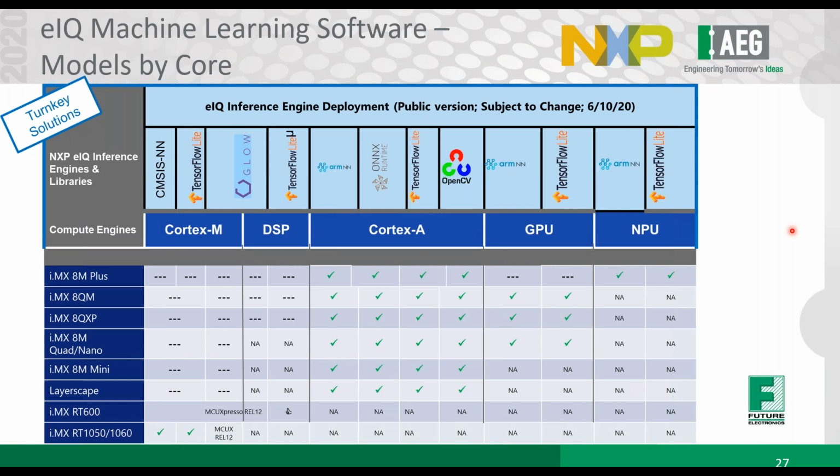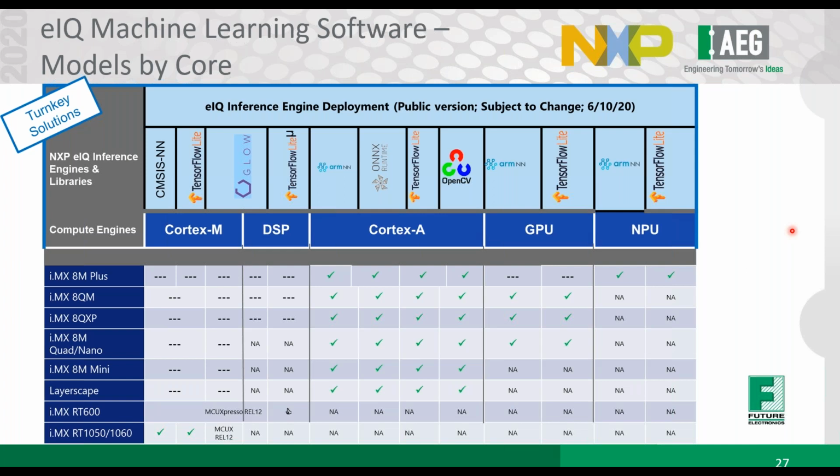This isn't an exhaustive list, but it gives you an example of the most popular frameworks that are out there. So CMSIS from ARM, mostly for the microcontroller family. This is a library of optimized kernels that's designed to run on Cortex-M cores and accelerates various different functions for neural network processing.